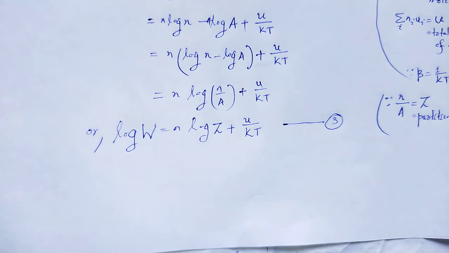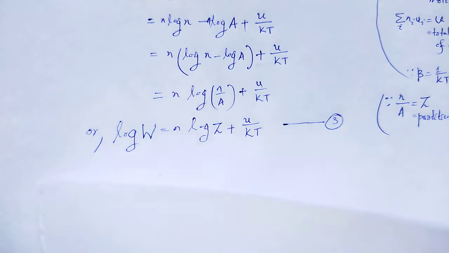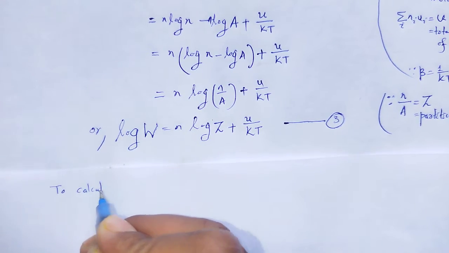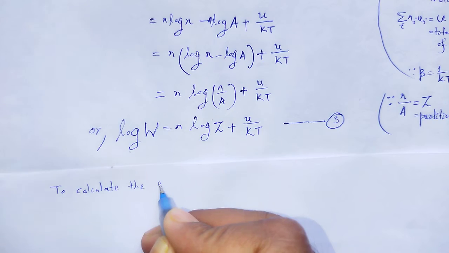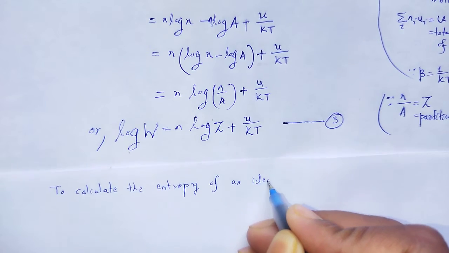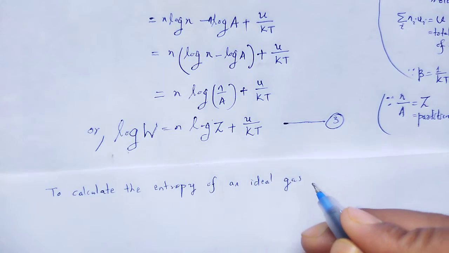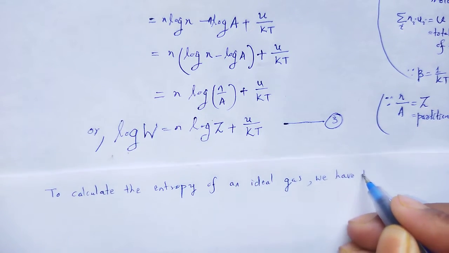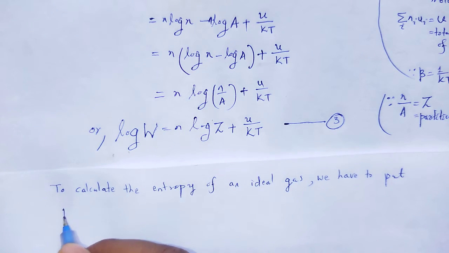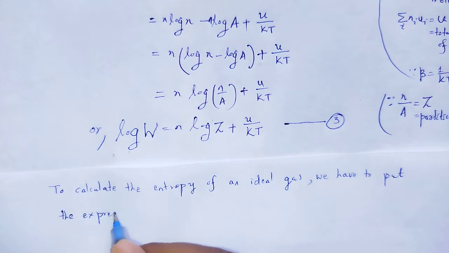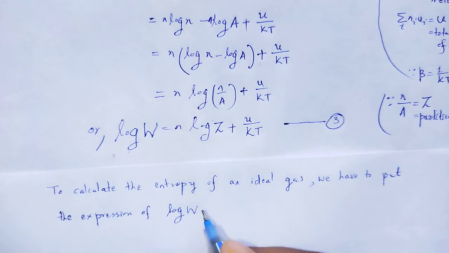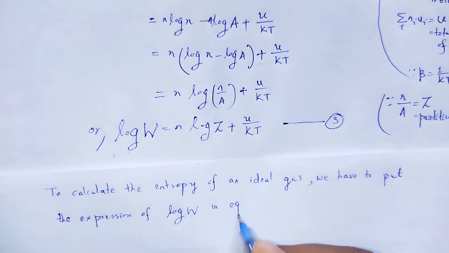To calculate the entropy of an ideal gas, we have to put the expression of log W in equation number 1.